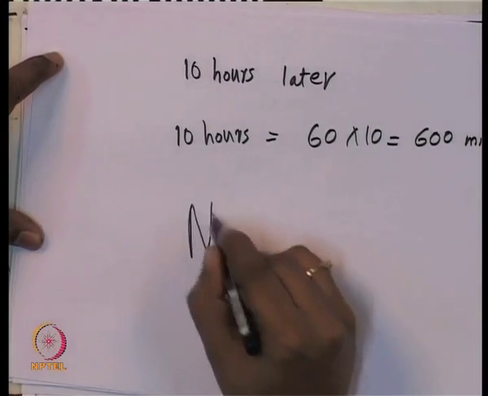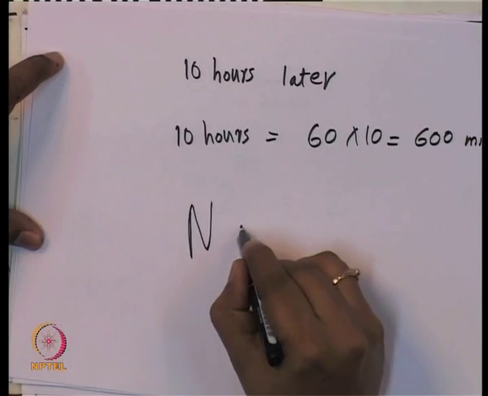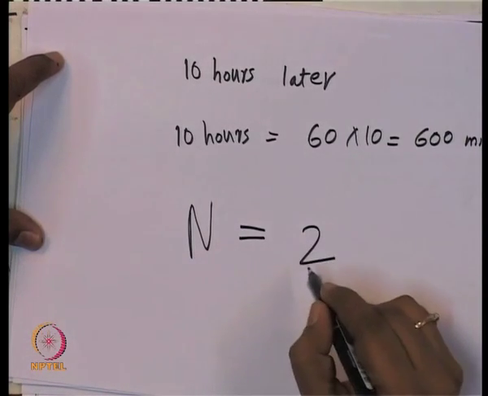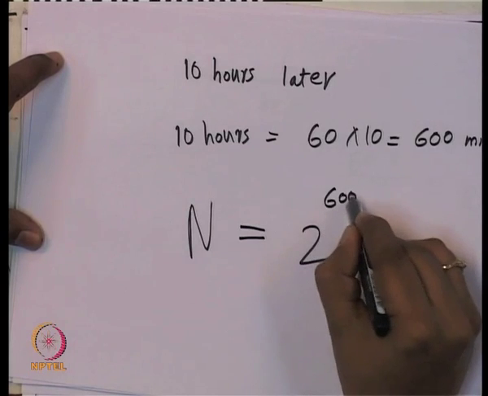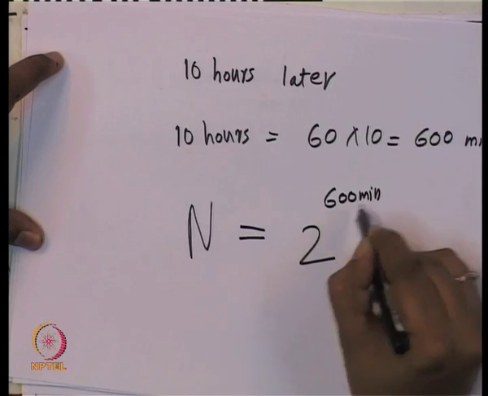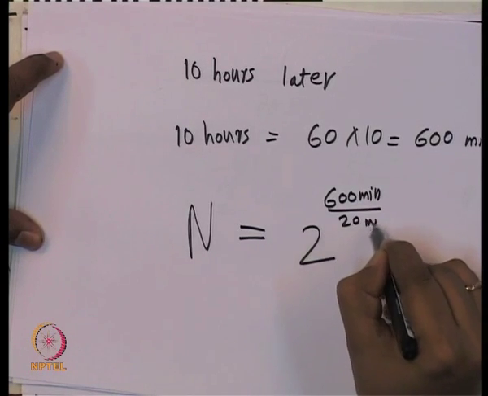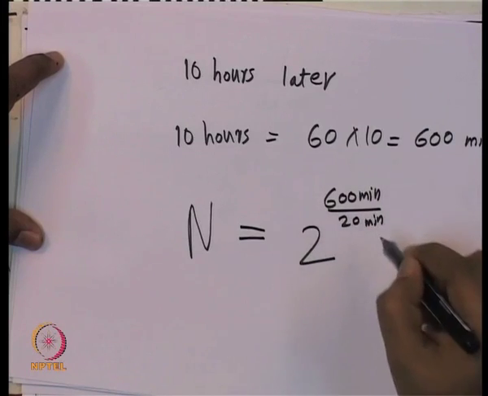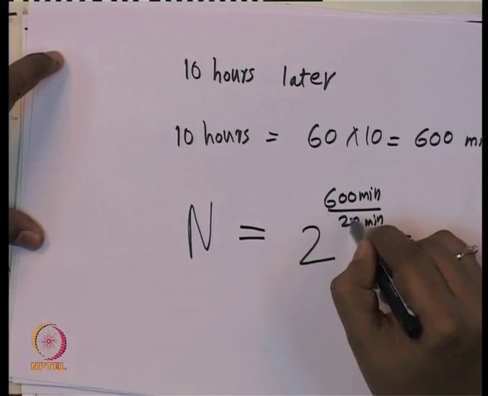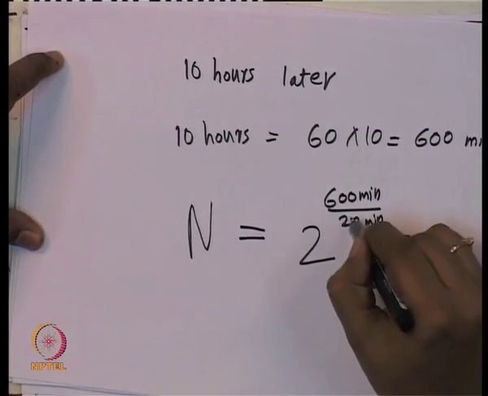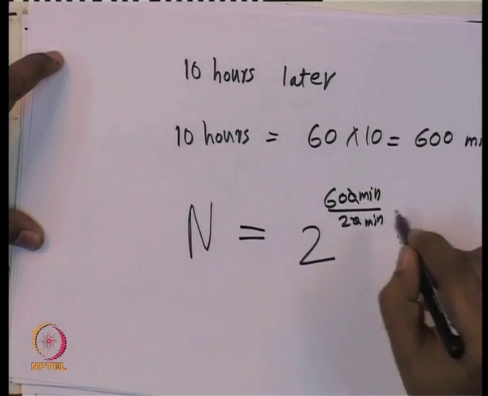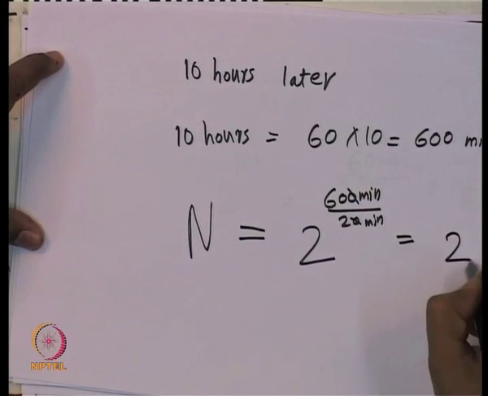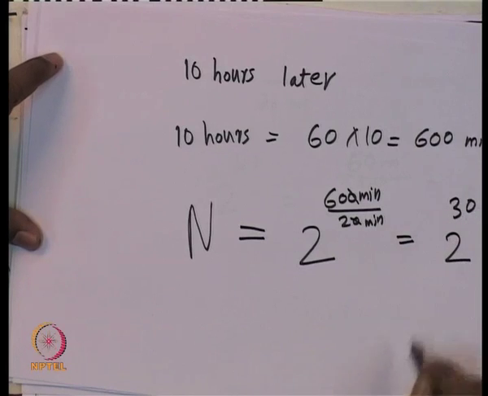So, the number after 10 hours will be 2 power 600 minutes divided by 20 minutes, which is 2 power 30.